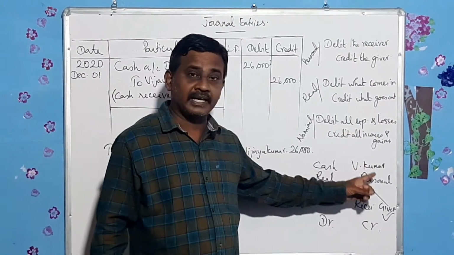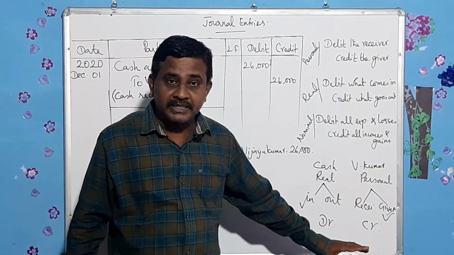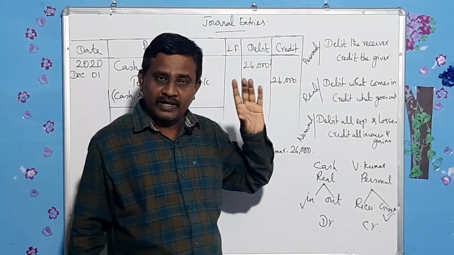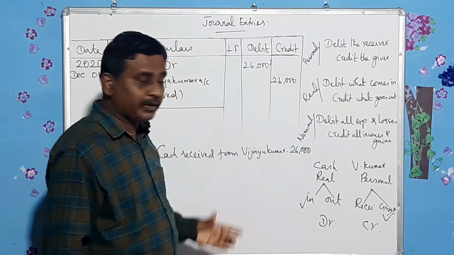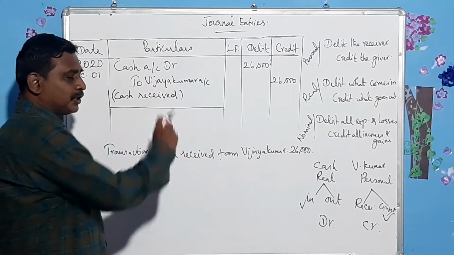In this transaction, he is the giver to the business. So when it is a personal account, you have to see only these two golden rules. If real account is there, just see these two rules alone and you can easily guess. We have written cash account debtor to Vijay Kumar account.